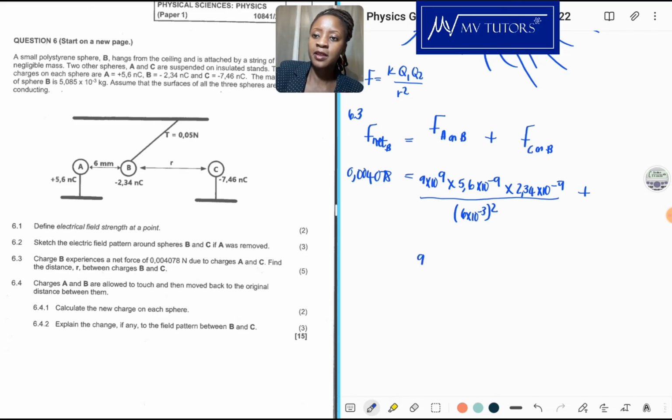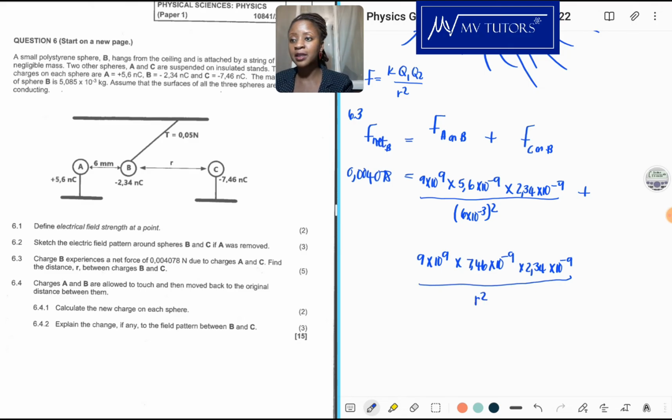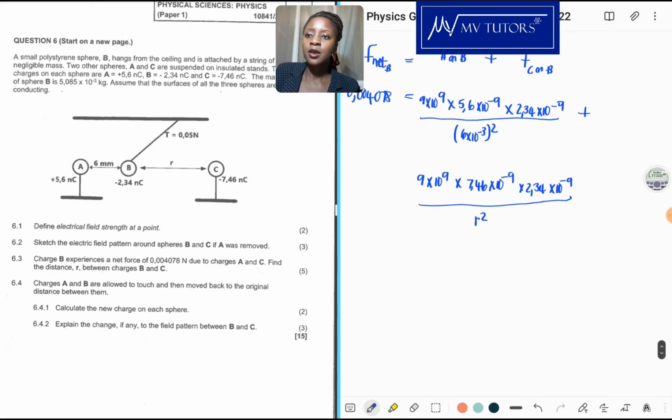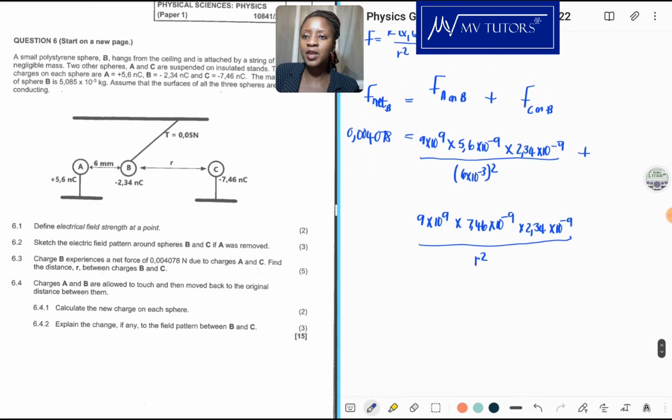So again, we have 9 times 10 to the 9 times 7,46 times 10 to the negative 9 times 2,34 times 10 to the negative 9. And that is all over R squared because that is what we are looking for. We're looking for R, the distance between the charges B and C. So what can we do then?